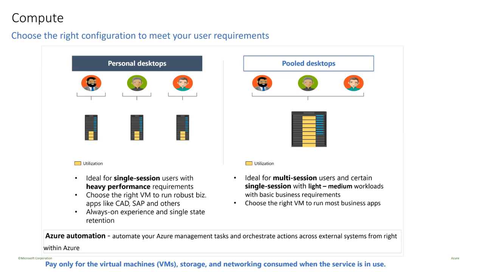So if there is a use case when you have to run an application which is more performance intensive, like requires dedicated CPU or memory, a personal desktop would be a good option, like AutoCAD or SAP workload, or any line of business application which requires more memory and CPU. So the personal desktop would be the ideal choice.